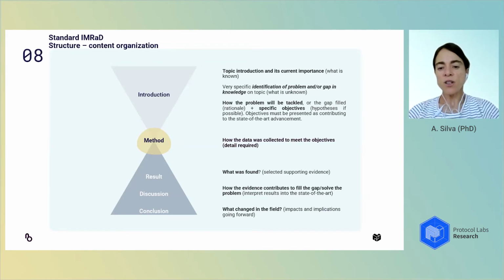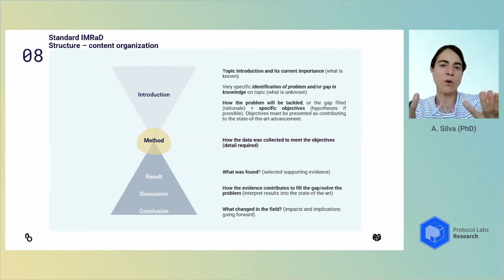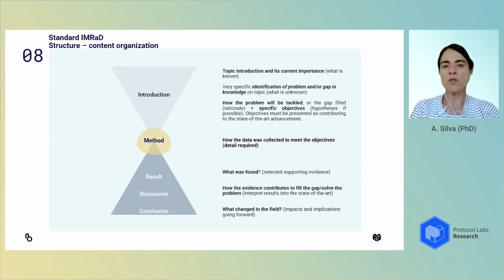The discussion very simply showcases and interprets how that evidence allows you to contribute to solving the problem or to fill the gap in knowledge. So you normally compare: we found this is similar, this is different from previous studies. And by being different or similar, you are expected to make conclusions, interpretations of what it means in terms of the knowledge of the system functioning.